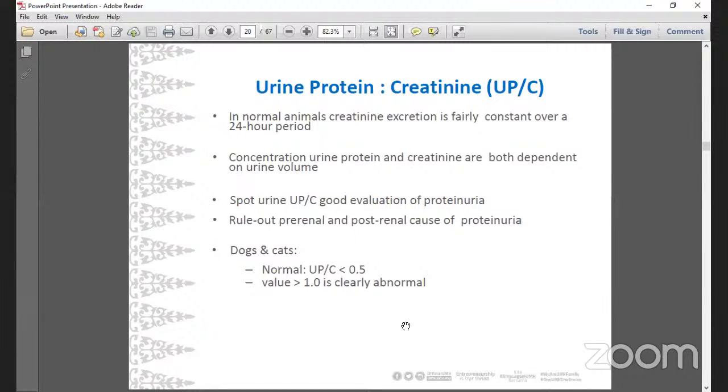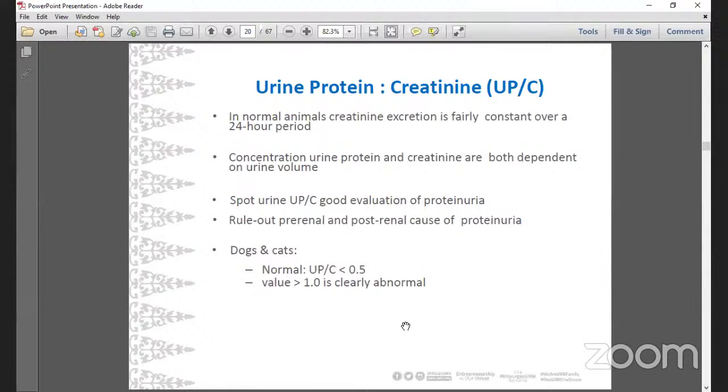So the higher the UPC, the worse the prognosis. The UPC is very important for us to evaluate proteinuria, so we can rule out pre-renal and also post-renal proteinuria by monitoring the UPC ratio.